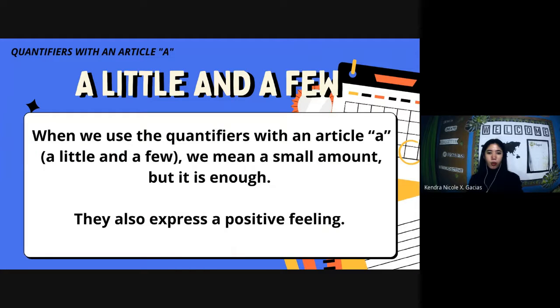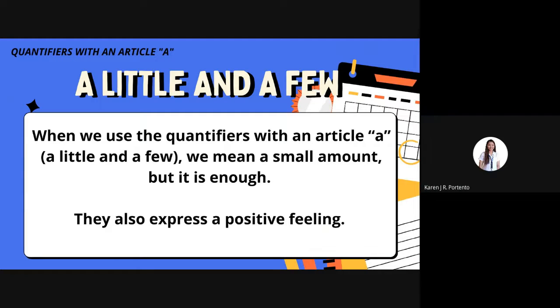So will you please read the slide, Karen? Yes, ma'am. Quantifiers with an article, a little and a few. When we use the quantifiers with an article, a little and a few, we mean a small amount, but it is enough. They also express a positive feeling.